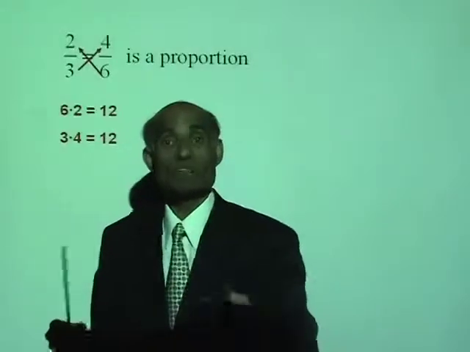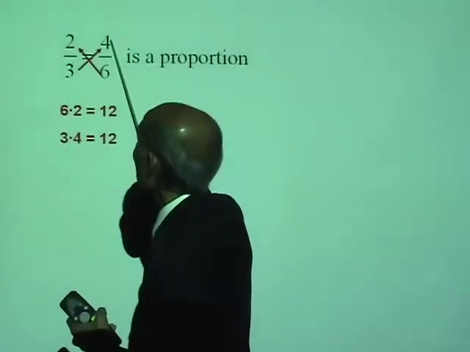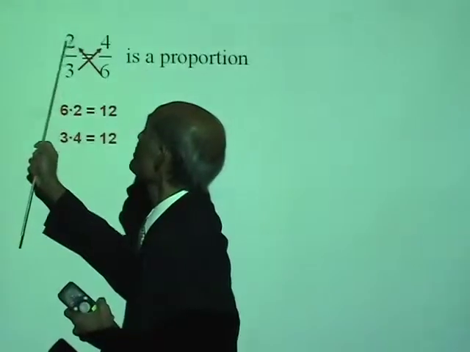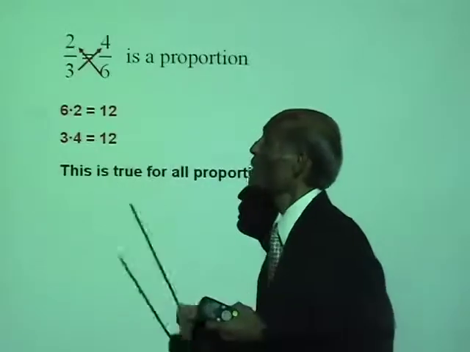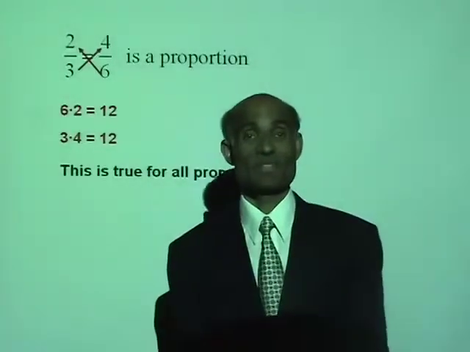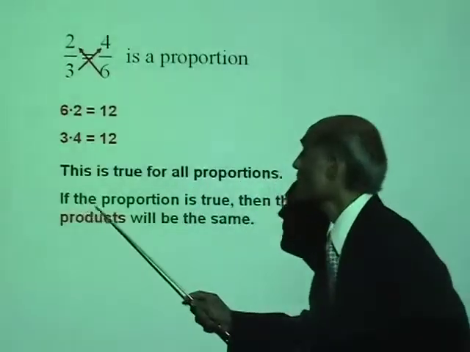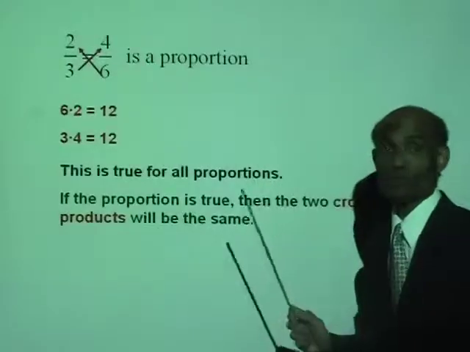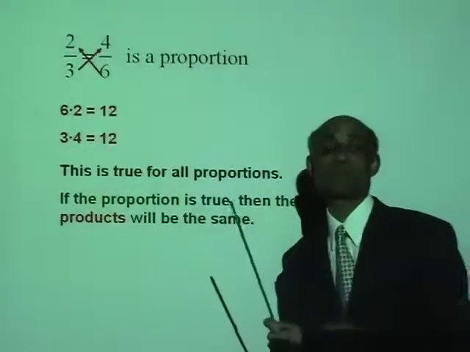Any one can be the first. So 3 times 4, that cross product, equals 6 times 2, the second cross product. And so this is true for all proportions. Isn't that interesting? Alright. If the proportion is true, then the two cross products will be the same.